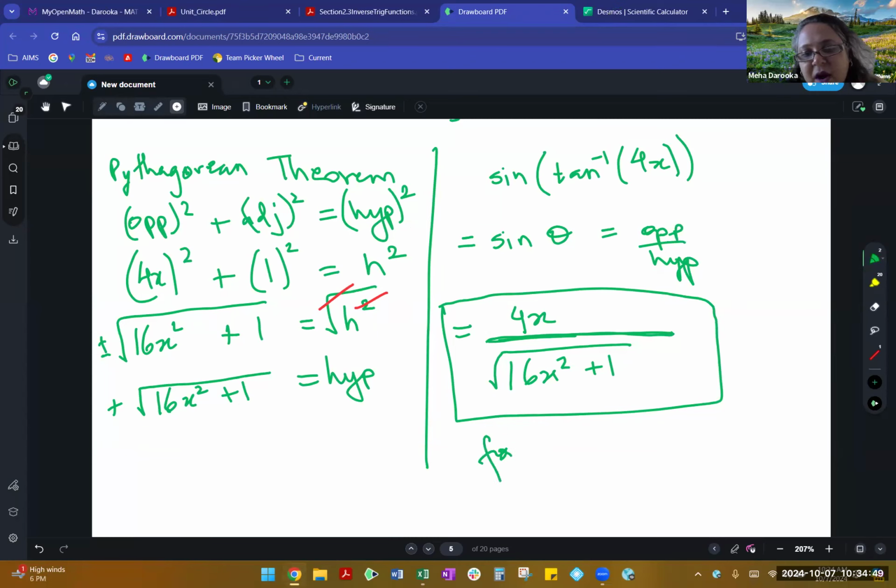And then remember, our x value is still going to be between negative 1/4 and positive 1/4, because that does not change, right, as we are evaluating this function. So just kind of remember that. All right, very nice. Good question, Andrew. Any other questions on this example here, guys?